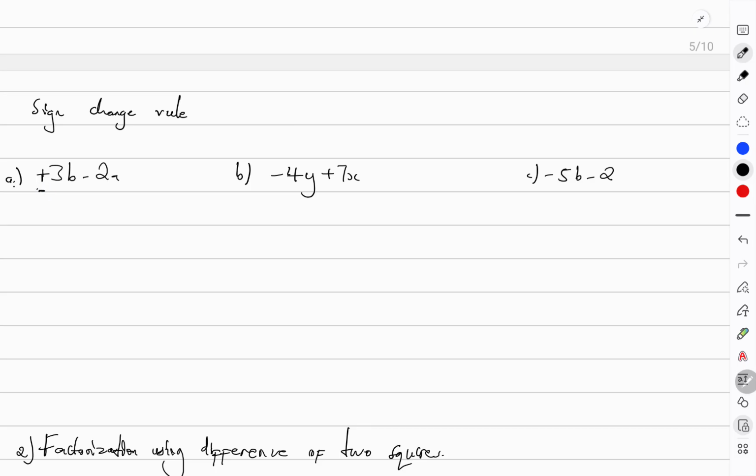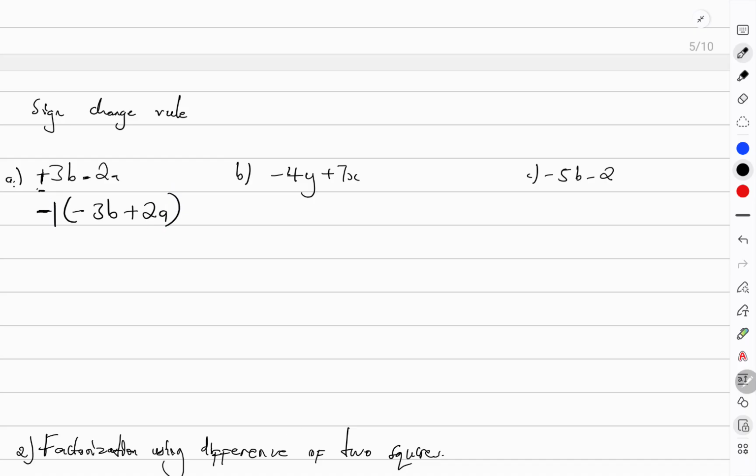But then a positive is the same as a negative and a negative. Therefore, this particular positive will become negative and this particular negative will become positive, right? That is what sign change rule refers to. Therefore, I'll open a bracket here. I'll have negative 3b plus 2a. Is this thing correct?